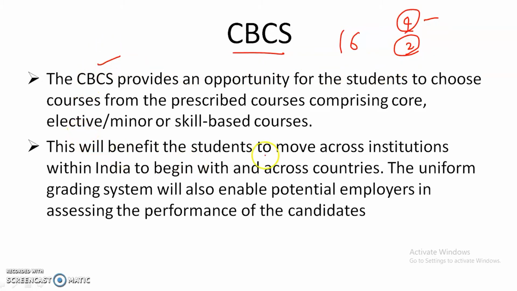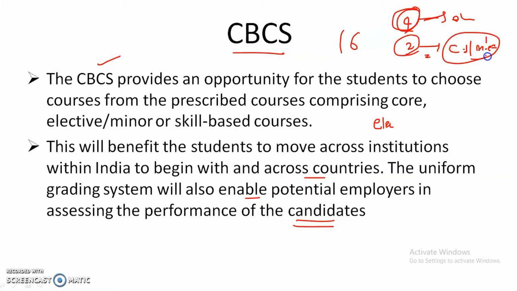So definitely this will benefit students to move across institutions within India to begin with, and across countries also. The uniform grading system will also enable potential employers to assess the performance of the candidates. For example, if a candidate belongs to electronics, out of these 6 subjects he can choose 4 electronics, that is core subjects, and the remaining 2 subjects he can select from computer science, and 1 subject from mechanical engineering.